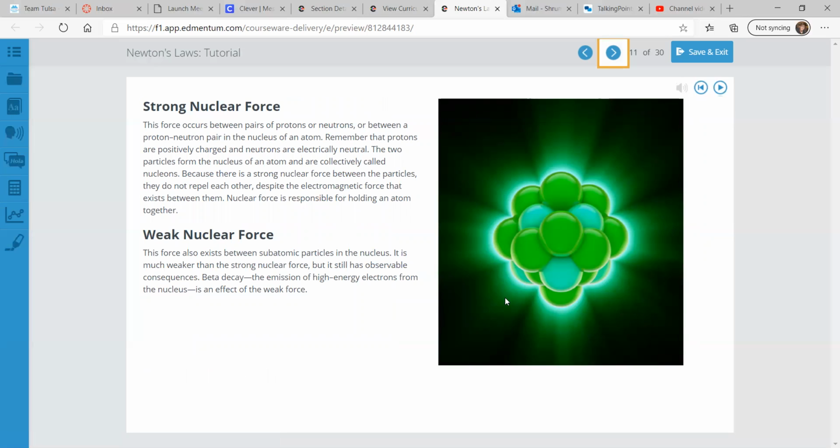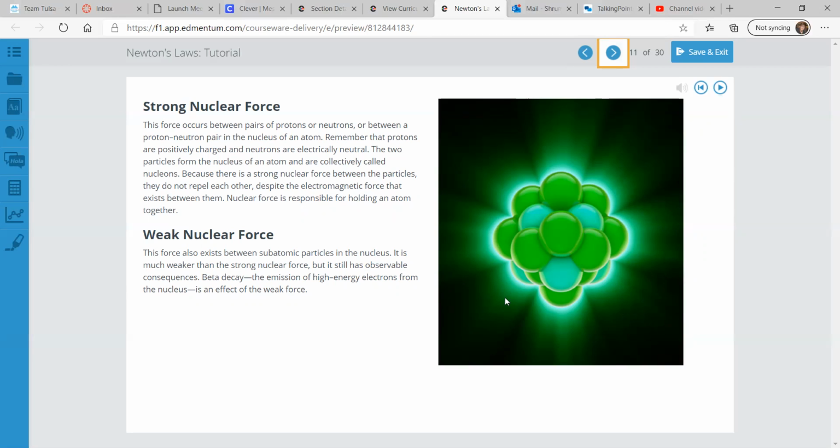The third force is the strong nuclear force. This force occurs between pairs of protons or neutrons, or between a proton-neutron pair in the nucleus of an atom. Remember that protons are positively charged and neutrons are electrically neutral. So protons, positive, neutrons, neutral.